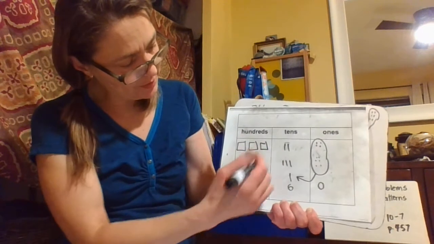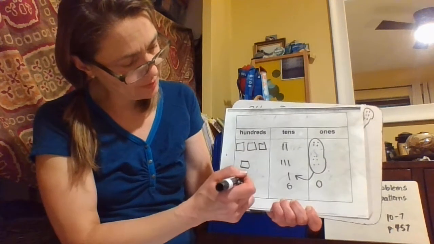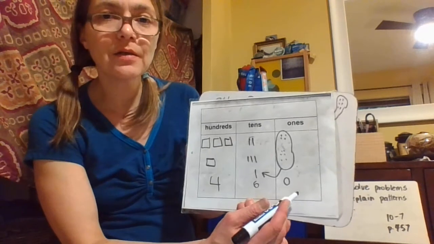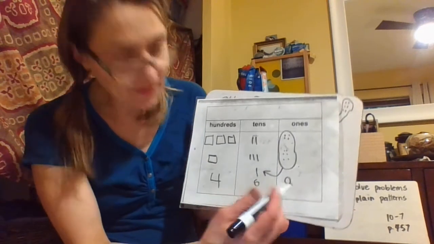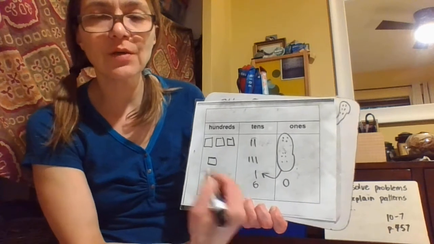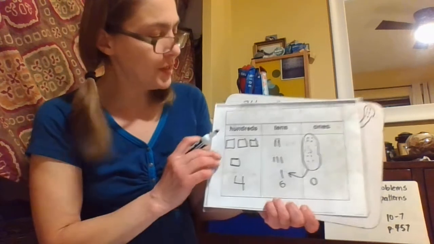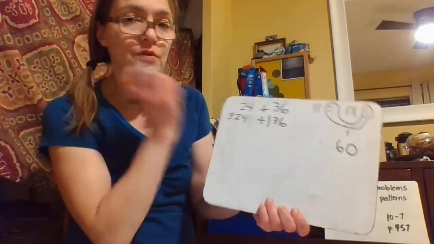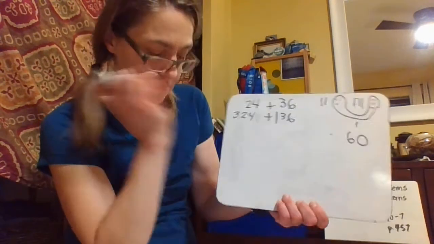And we add up the hundreds, 100, 200, 300, 400. And we have 460. So the 10s and the 1s didn't change. It was just that it became a 3-digit number because we had 300 and 100.